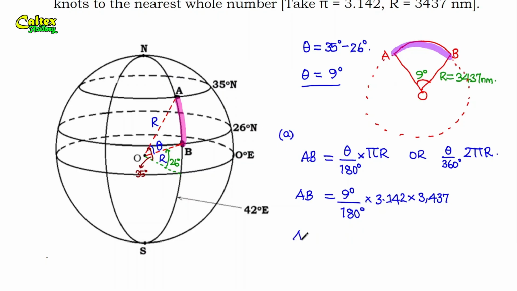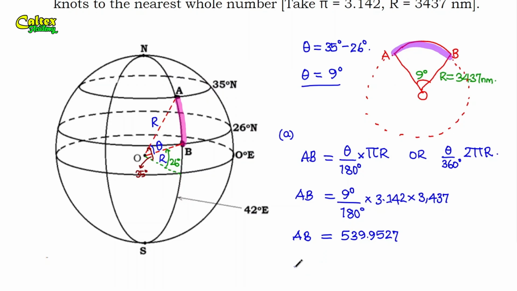Now let's enter this into a calculator and get the results here. So we have 539.9527.